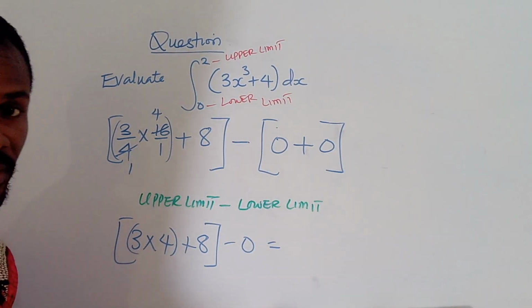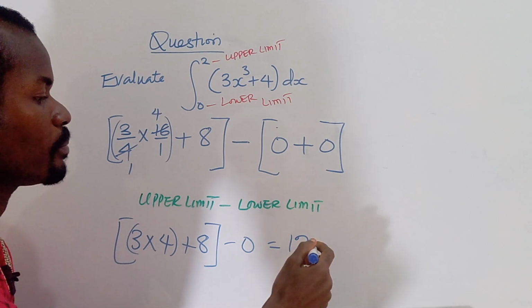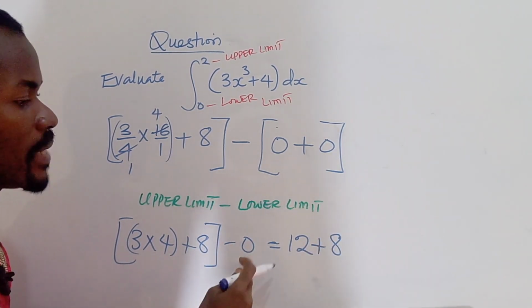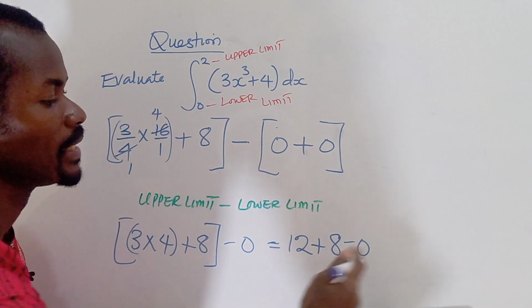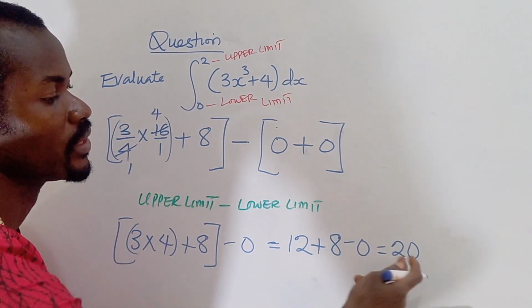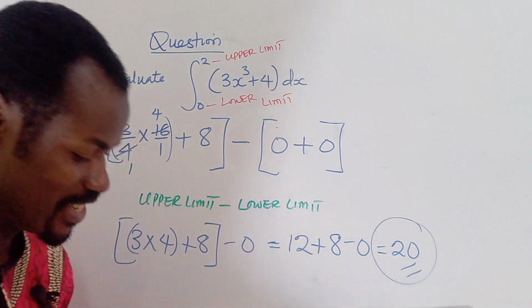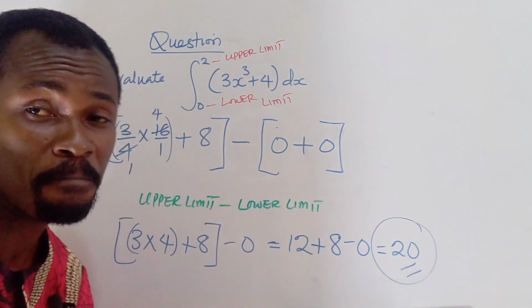Let's see what this gives us further. 3 times 4 is 12, plus 8, minus 0. So 12 plus 8 gives me 20. 20 minus 0 is still 20. So 20 is the final solution to this simple problem on integration, given the upper and the lower limits.